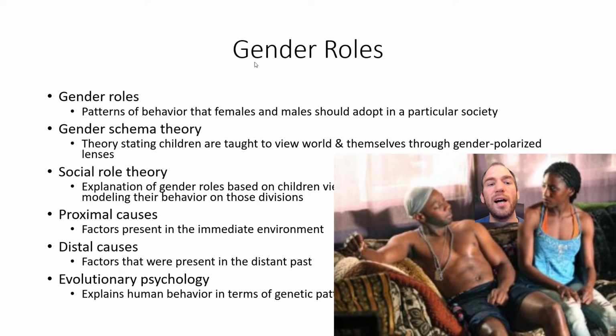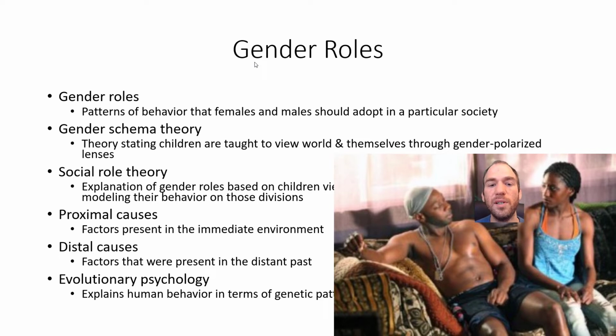All right, so we have gender roles, as stated, patterns of behavior of males and females in a particular society, which is obviously going to be reflective of culture and historical era. And then we have two different theories here that we'll cover about gender development throughout the lifespan.